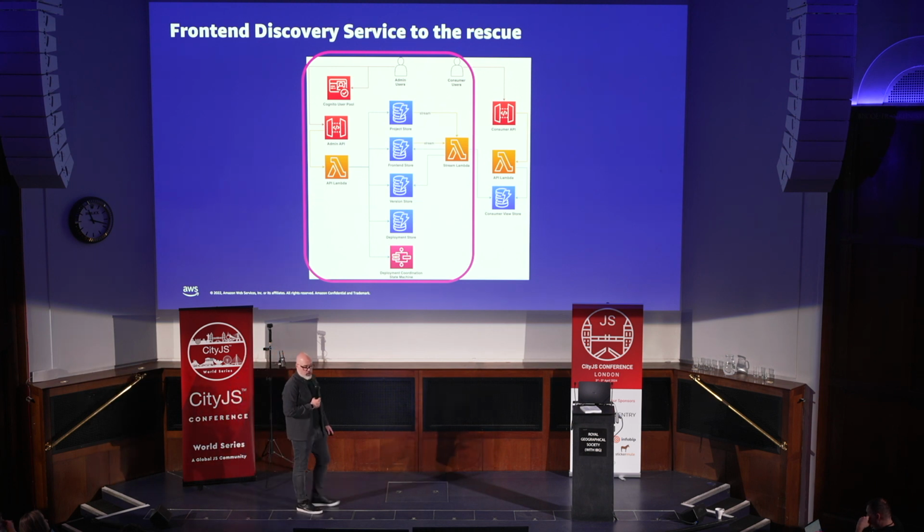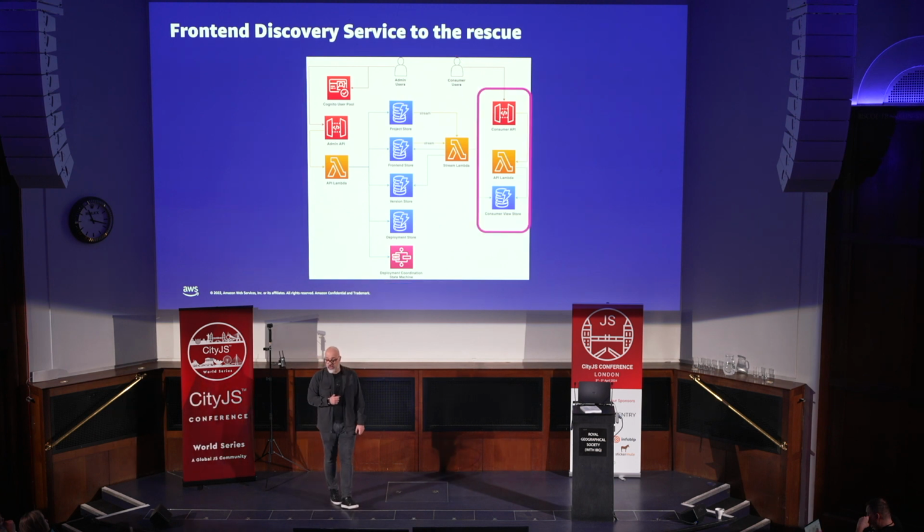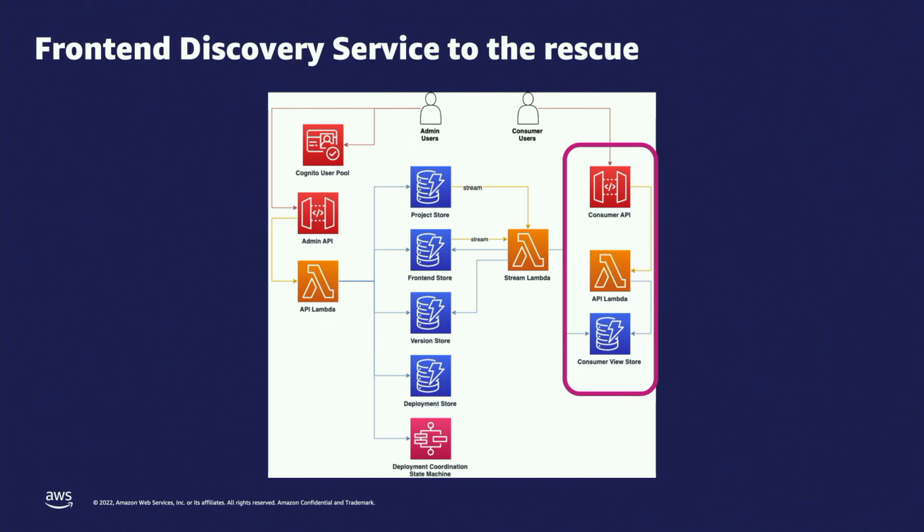This is basically the back-end part of your service. That is what is deployed inside your AWS account. This is the front-end part. So when your application shell is calling something, we have a very simple API Gateway, Lambda, DynamoDB. Why that? Because we heavily optimize the DynamoDB table for reads in order to have great performance.